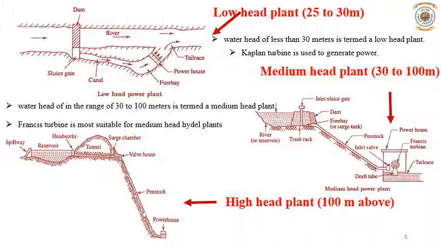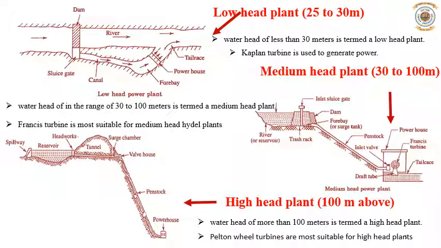So here you can see the valve house at its exit in the tunnel section. Then the Pelton wheel is the common prime mover because it is a high head power plant. So the Pelton wheel is the most suitable turbine for hydro power generation.